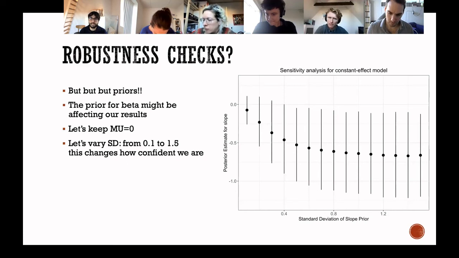We are pulling the effect towards 0. If we were, I don't know, from 0.7 and above, we would enter a roughly stable region where the effect size doesn't change if we change the prior a little. If we move the prior a bit to the right or to the left, the estimate is roughly the same.